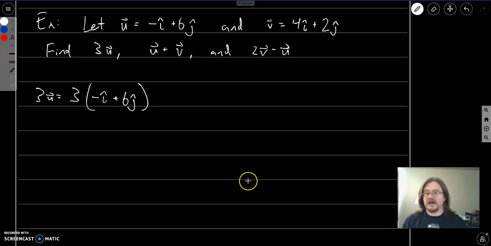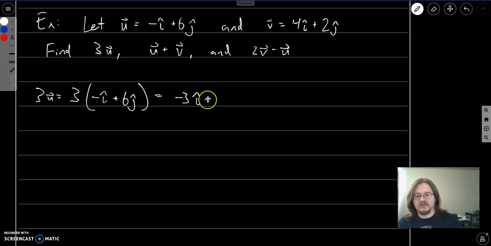And this works about how you would expect. We essentially distribute the 3. So instead of pointing -1 in the x direction, it's going to be pointing -3 in the x direction. Plus 3 times 6 is going to be 18 in the j direction. And that's it. All we do is we just distribute those numbers.